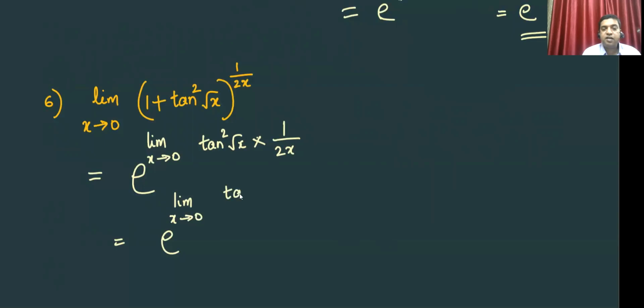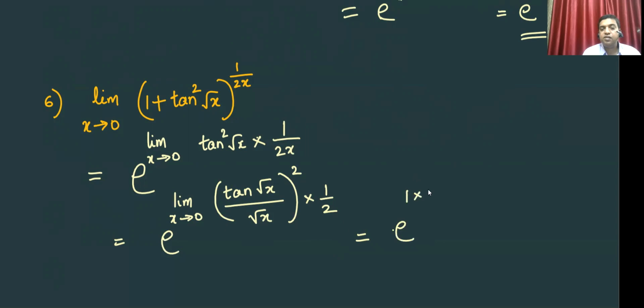This I can write as tan of root x upon root x, the whole square, into 1 by 2. So this is tan 0 upon 0 form, which tends to 1. So this is e power 1 into 1 by 2. So this is e power half.